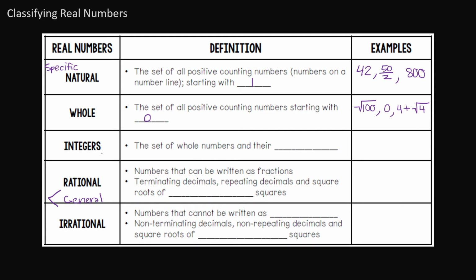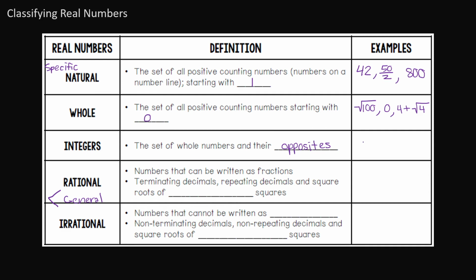Moving even more general, we have integers. Integers include the set of whole numbers and their opposite. Usually in math class, we call these our number line numbers. So this is all of the whole numbers and their opposite. So this includes negative numbers that aren't decimals or improper fractions.